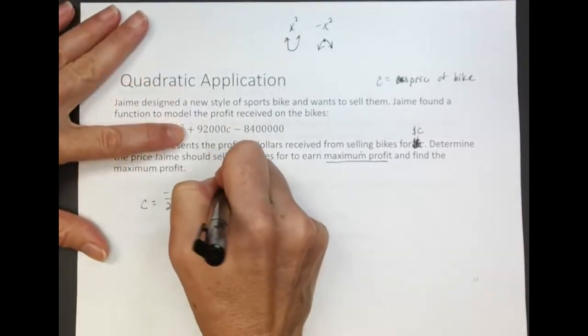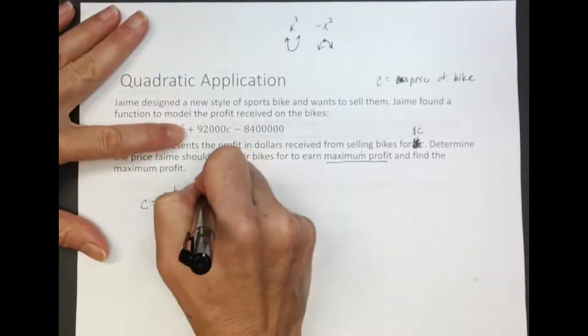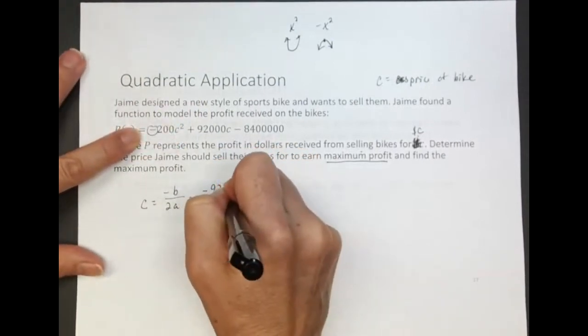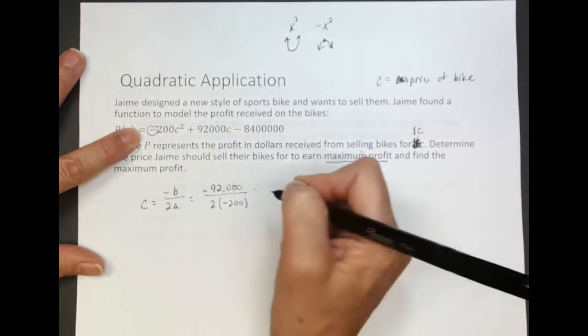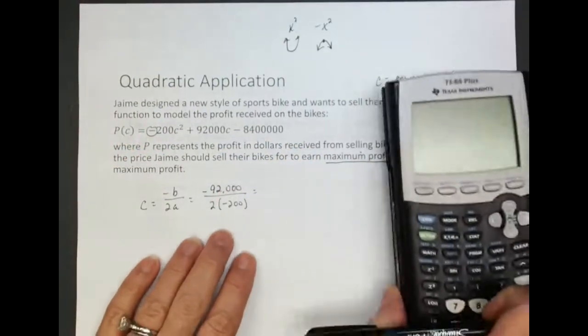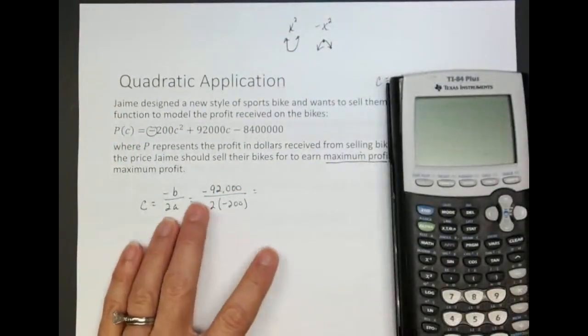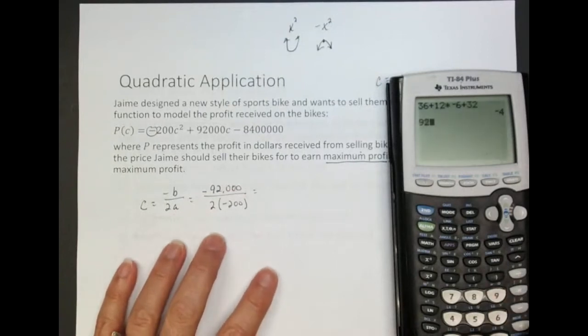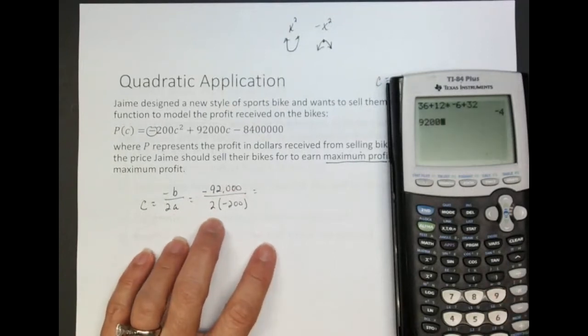So it's going to be negative 92,000 over 2a. A is negative 200. Right? So we want 92,000 divided by 400, or negative 92,000 divided by negative 400. Of course, those negatives will cancel each other out.